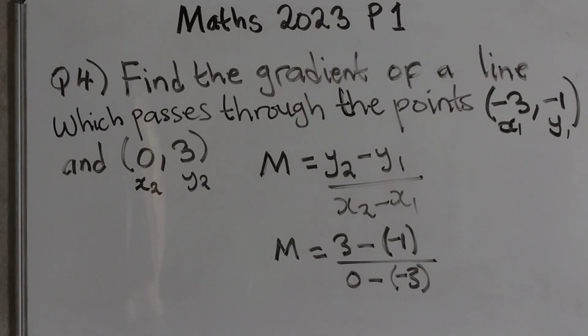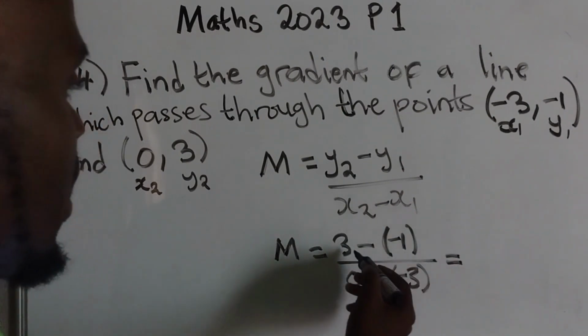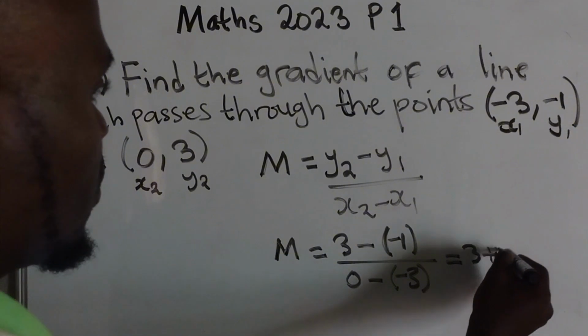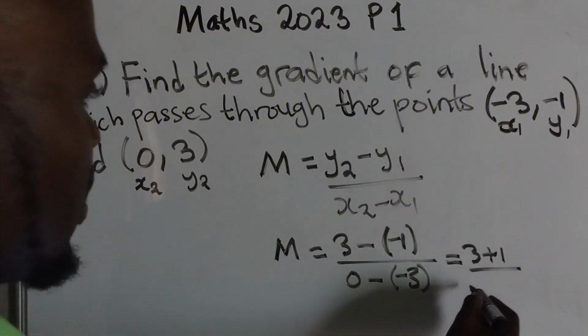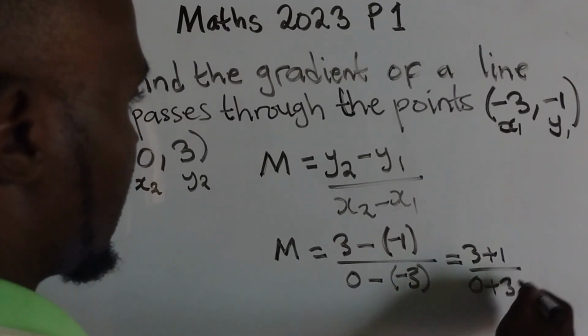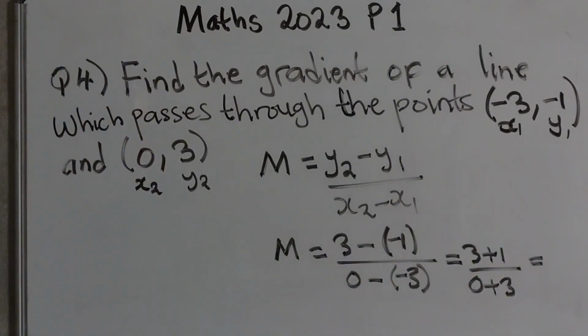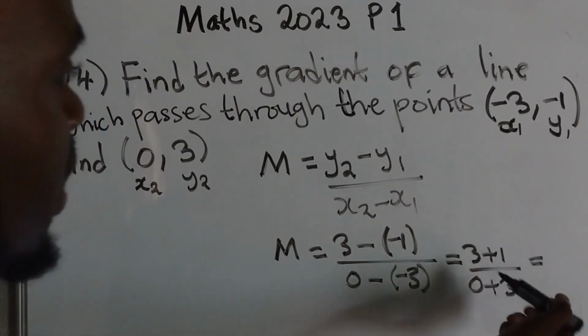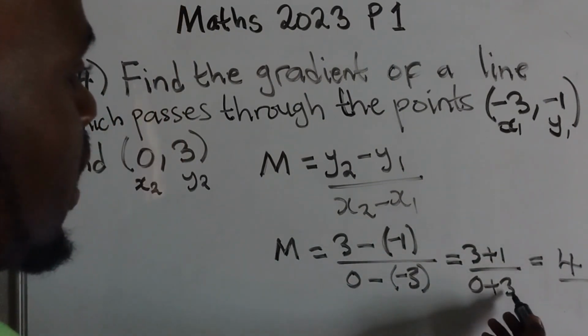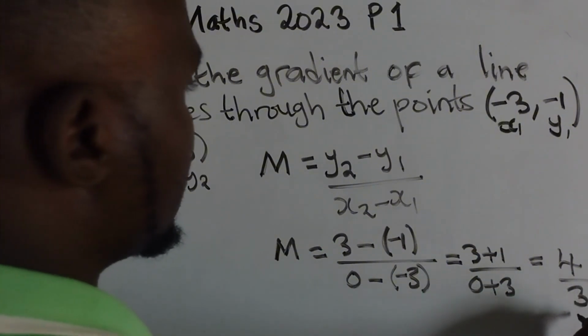Now from there, what are you going to do? You are going to say 3, negative times negative is a positive 1, over 0, negative times negative is a positive 3. So from there, 3 plus 1, we are going to get a 4, over 0 plus 3, we get 3.